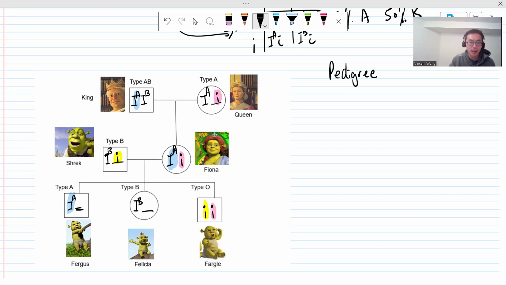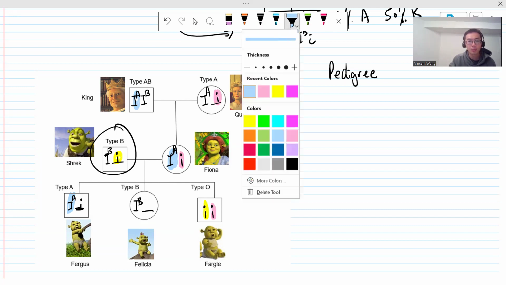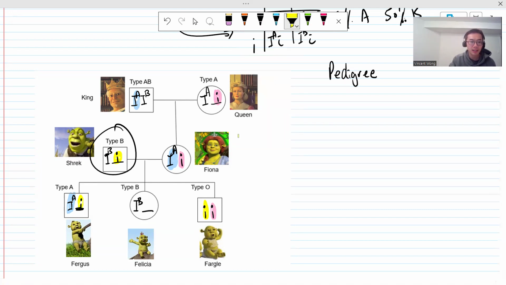Now, what's the other half of Fergus's genetic makeup? Well, he already got the IA from Fiona. That means from Shrek, he's going to get either the IB or small i. And in this case, it has to be the small i. It wouldn't have been the B, because if it was the B, then the blood type would have been AB, right?